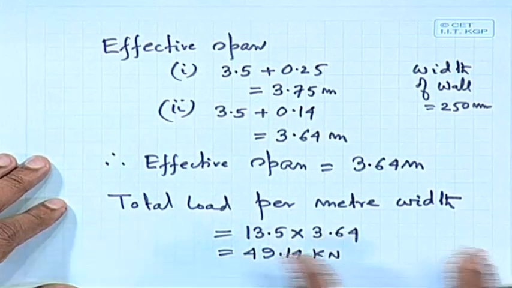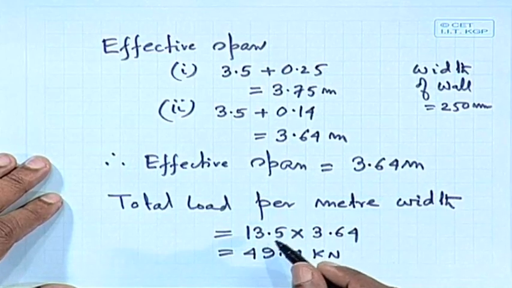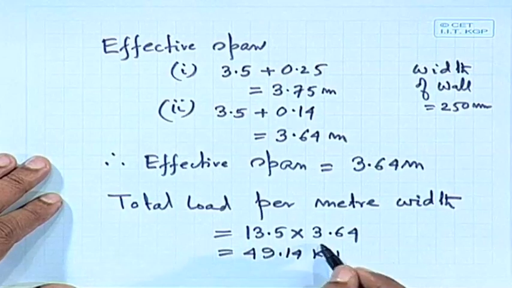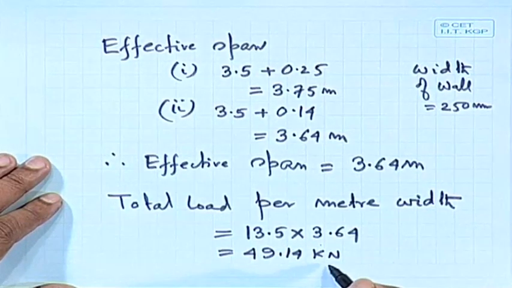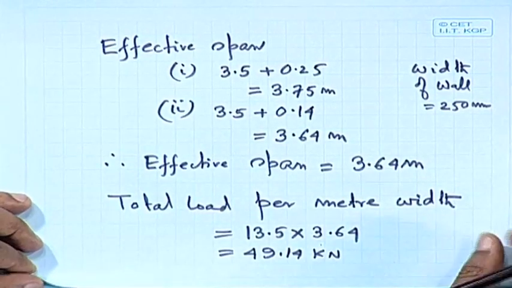We are talking about the total load. So, 3.64 is the span and 13.5 kilonewton per square meter is the factored load or design load. So, 13.5 times 3.64 comes as 49.14 kilonewton.